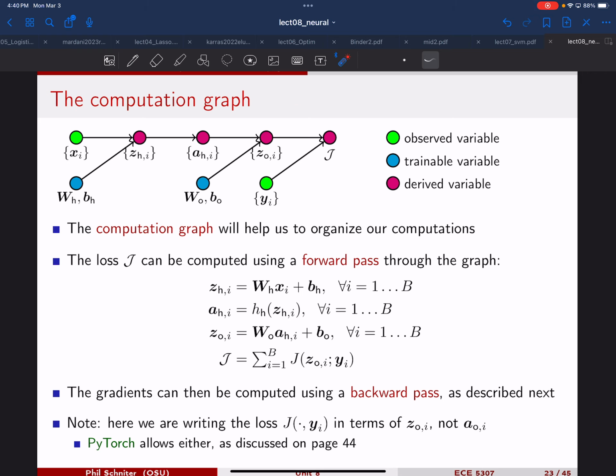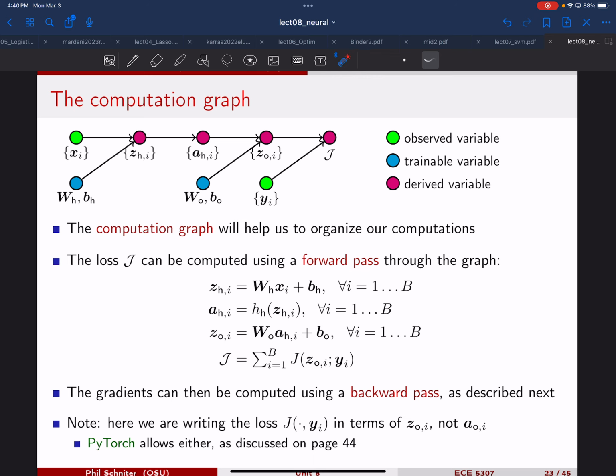So for example, the hidden scores, the scores in the hidden layer, depend on the input features and the weights and biases for the hidden layer, right? So we can compute those scores from those things, basically from this equation here.